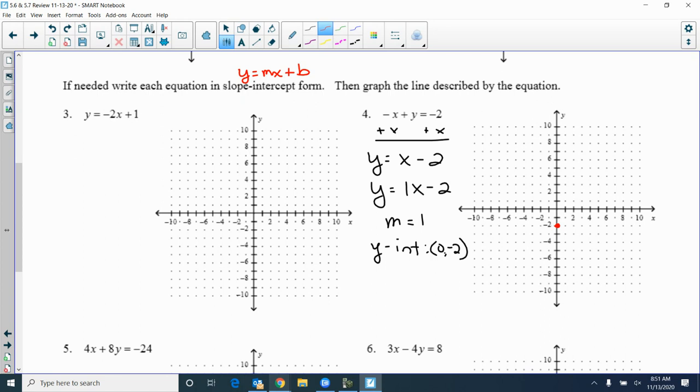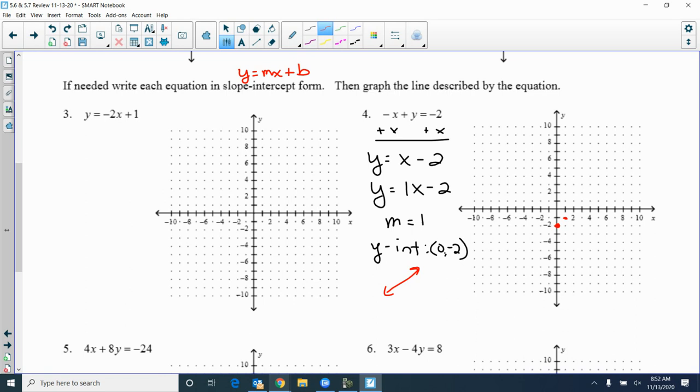Slope of 1 means you go up 1 and over 1. Now, is it a positive slope or a negative slope? Positive, so it has to be increasing from left to right, which means you go up and to the right, because up is a positive, right is a positive.